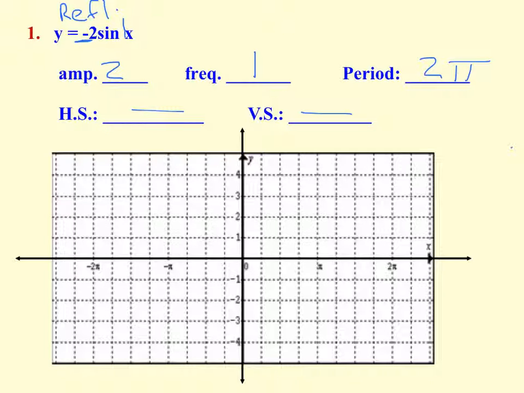And so the sine function, remember, the original sine function sort of looked like this. And with our amplitude and reflection, we're still going to have that same sort of idea, but now instead of a peak at pi over 2, we're going to have a valley at pi over 2, and a peak at 3 pi over 2.